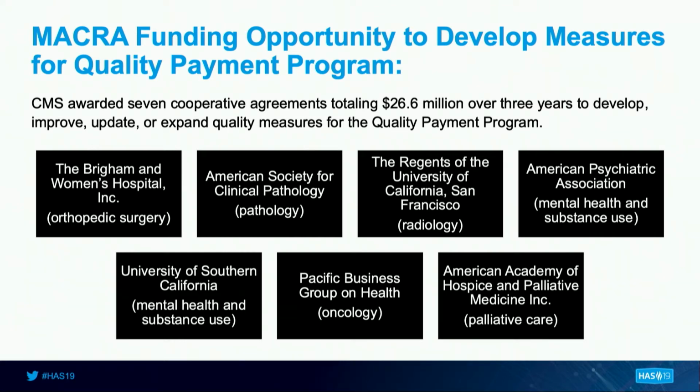And some of these cooperative agreements are converting existing registry-based measures into ECQMs, or electronic clinical quality measures, which ultimately brings in one of our goals, which is reducing burden.